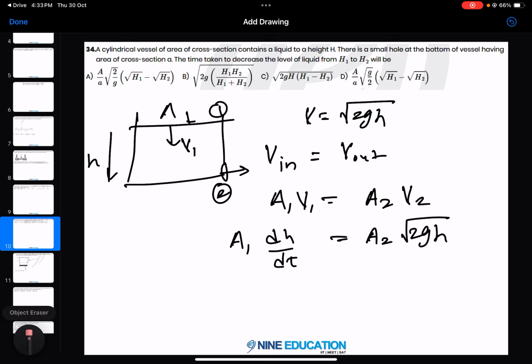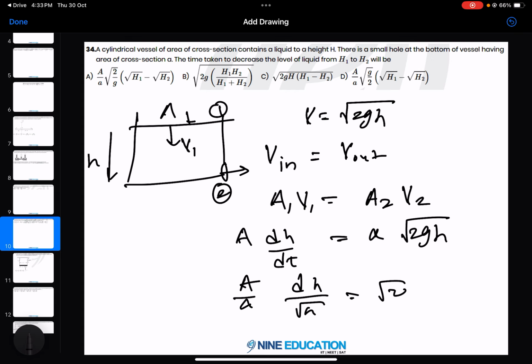Now in the question it is given that the larger area is capital A and the smaller area is small a. So capital A by small a, dh by under root h is root 2g into dt.